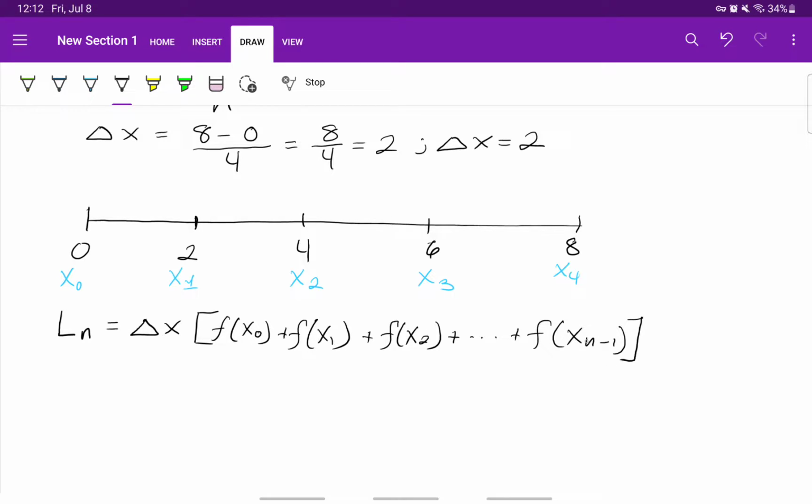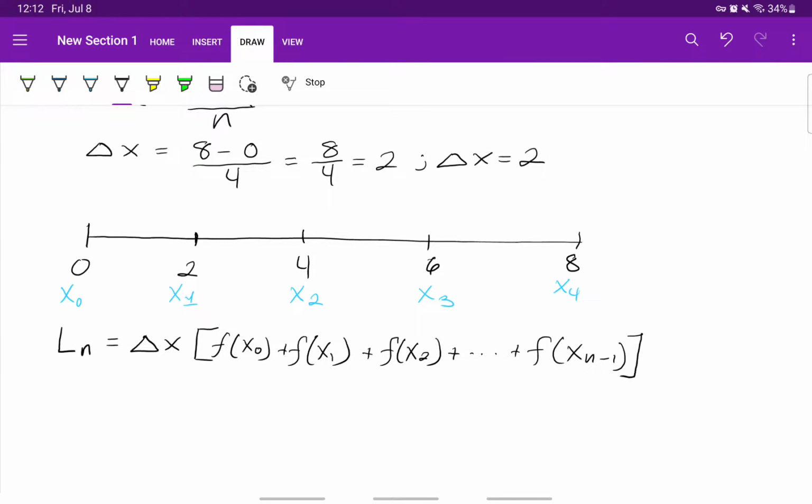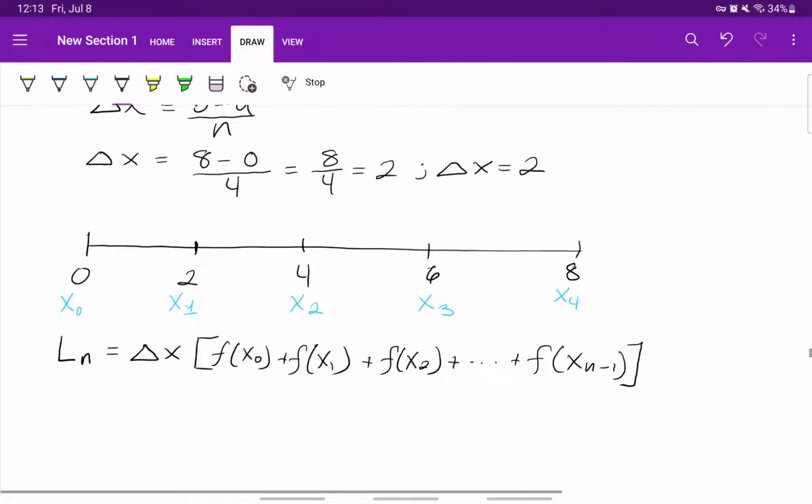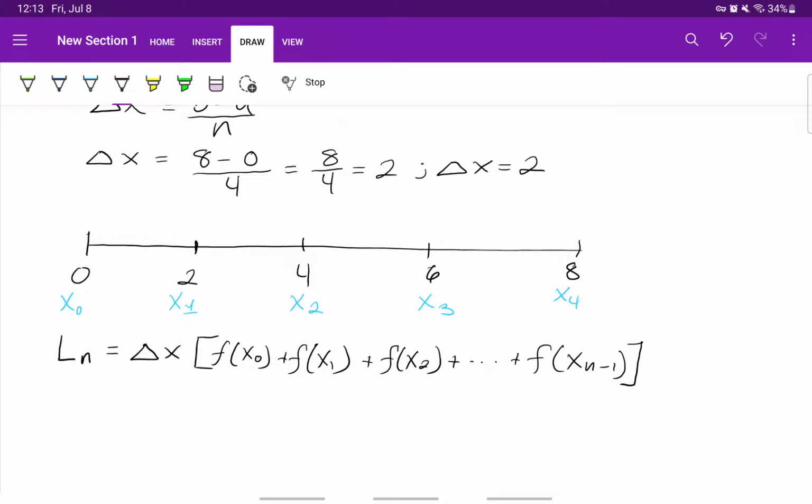Now, if you notice here, it says all the way to x of n minus 1. N is 4, right? So if I plug 4 into my n right here, that's going to be x of 4 minus 1, and 4 minus 1 is 3. So I must stop at x of 3. That's the highest I can go.